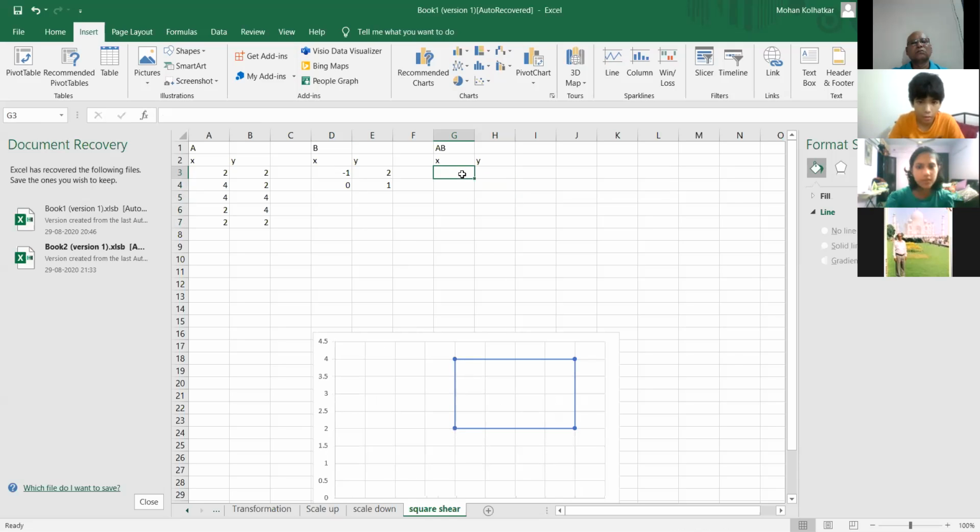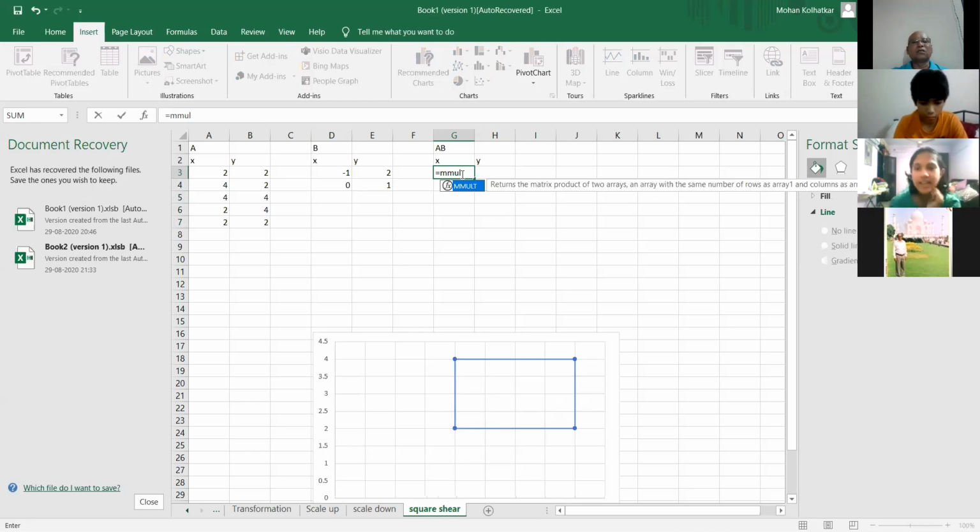Now start from scratch. First select the cells, four rows and two columns. You remove that formula. Yeah, I forgot about that.